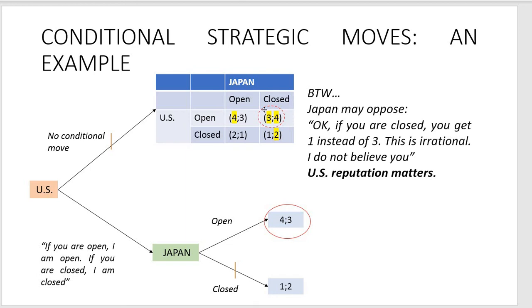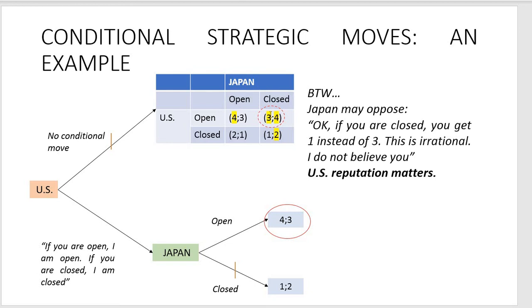If someone has a reputation of a player who always follows its commitments, then Japan will actually believe the United States. However, if the United States is believed to be a rational player, a player who always chooses the best possible payoff, then it makes no sense.